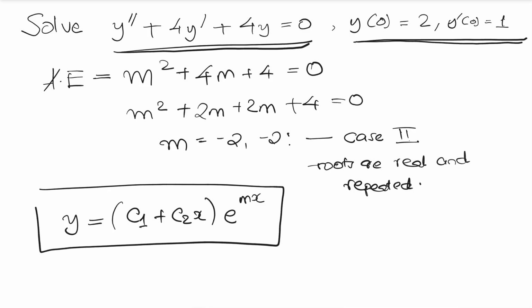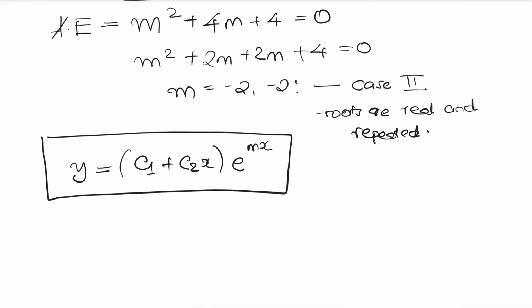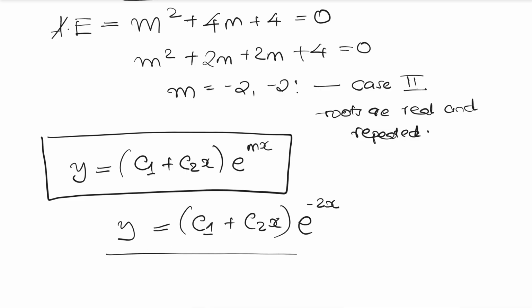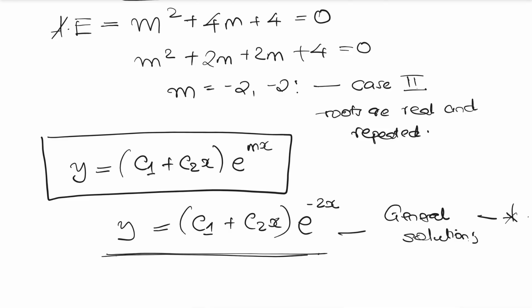This is the general solution. So our answer will be y is equal to (c1 plus c2 x) e power minus 2x, and this will be our general solution. So let's call it equation star.